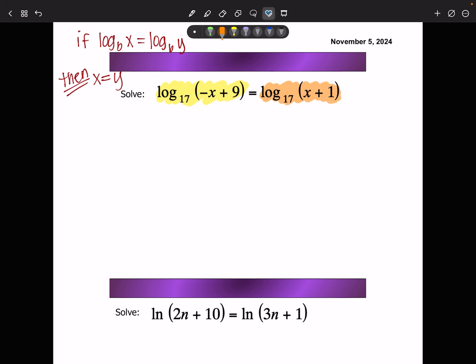So when you have a logarithm equal to another logarithm, and they have that same base, so you have one logarithm equals one logarithm, you can set their arguments equal to each other. If I have log base b of x is equal to log base b of y, then it makes sense that x has to equal y.